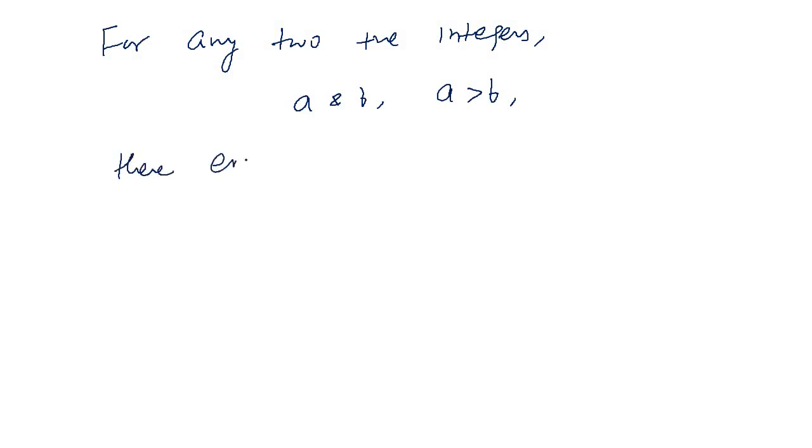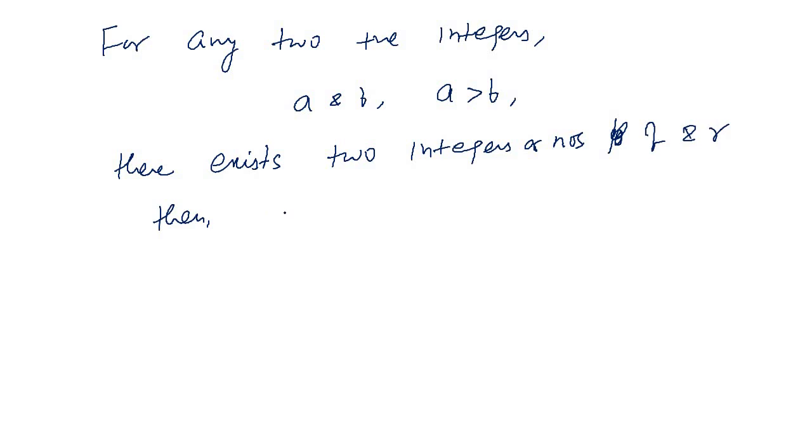There exist two integers q and r such that a equals bq plus r, where r lies between 0 and b, that is, 0 is less than or equal to r, and r is less than b.